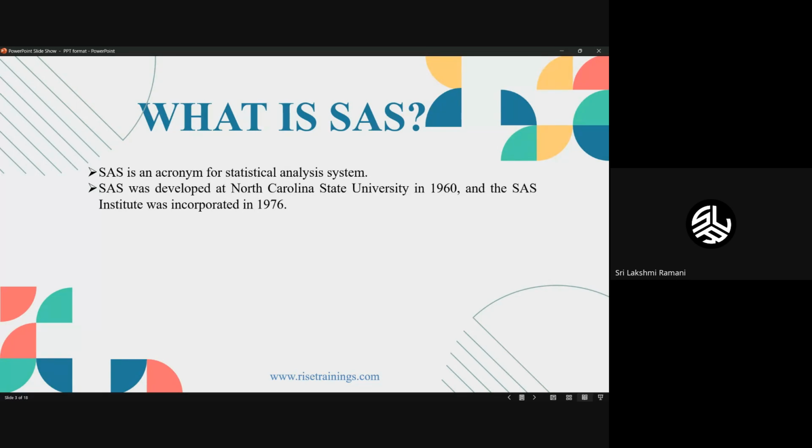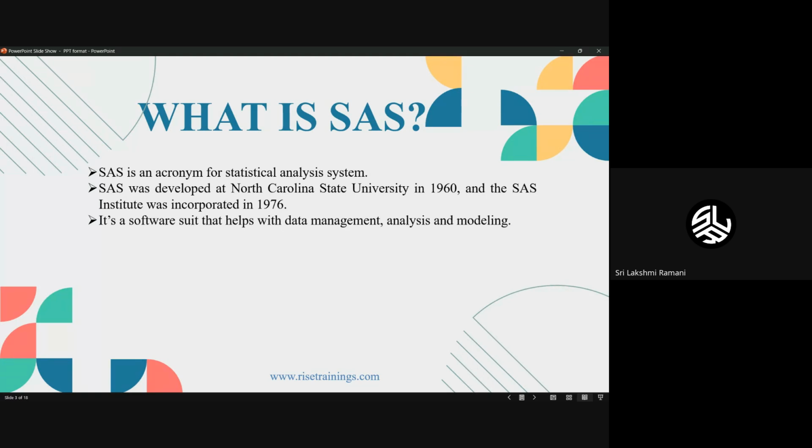After a few years, in 1976, they started the SAS Institute also, which is now running with a huge response. Like we all know, it is a software, it is a tool, and it is a language. We have an institute, we have a company named SAS.